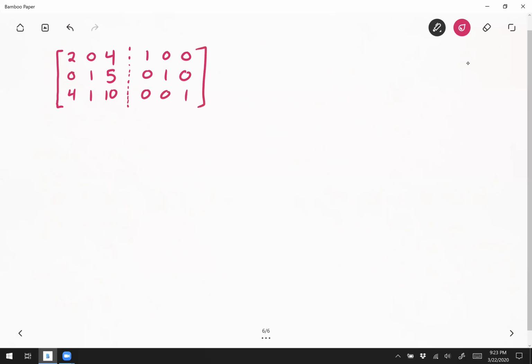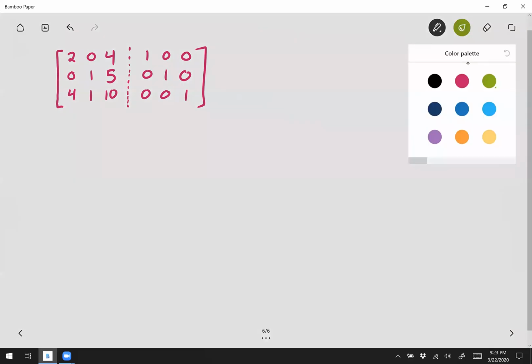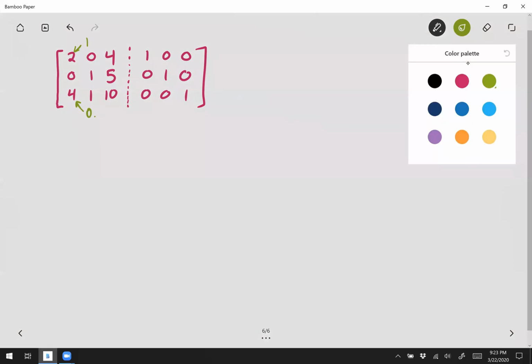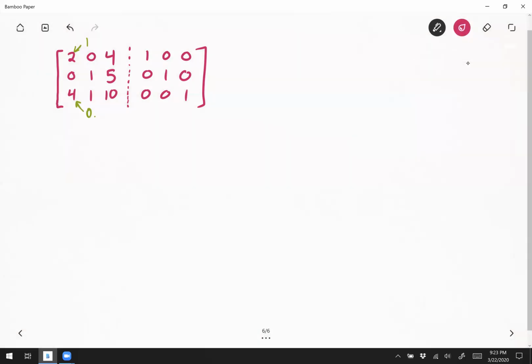I'm going to try to be efficient with my row operations here. My first goal, I'll notate these in here: I'd like to turn this first column into 1, 0, 0. I'm going to try to turn that into a 1, and that into a 0. And that's going to motivate these particular row operations.